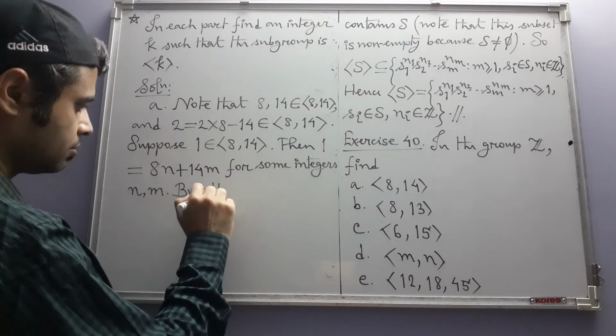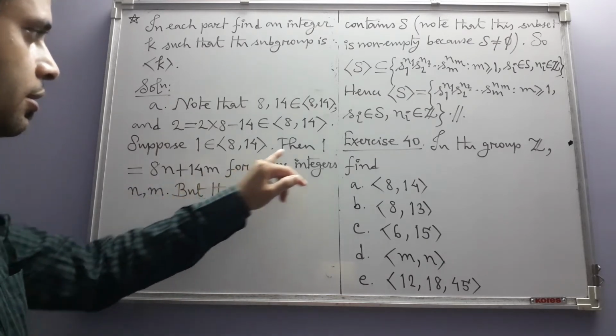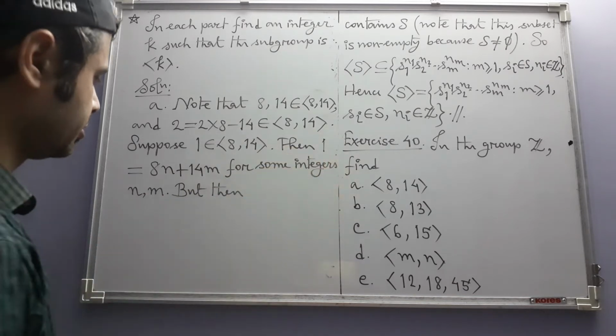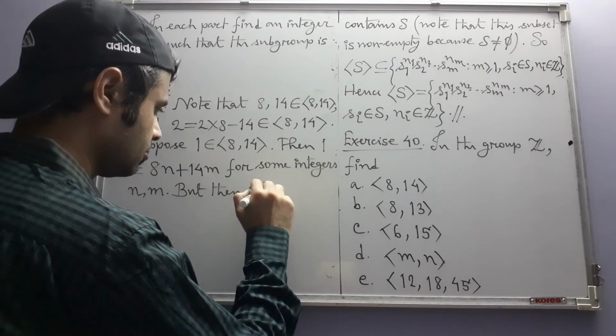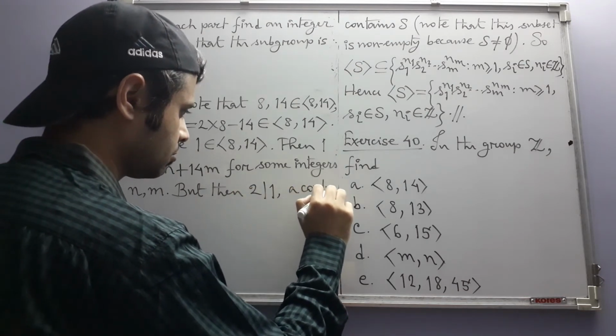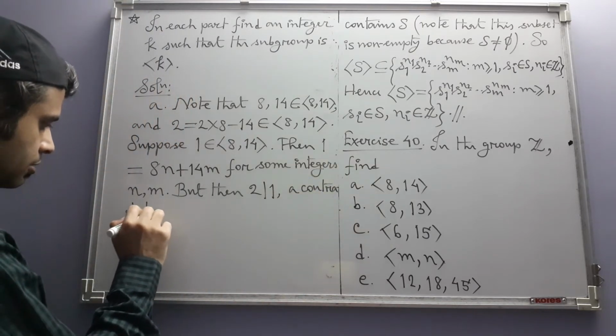But then, since the right hand side is an even integer, the left hand side should also be divisible by 2, which is a contradiction. 2 divides 1, a contradiction.